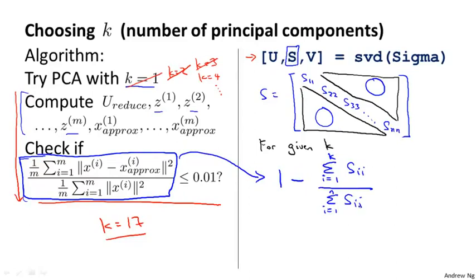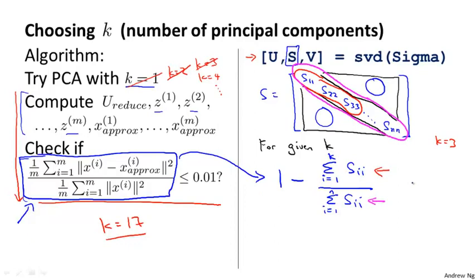Just to say that in words, if k equals 3, let's say, to compute the numerator we sum from i equals 1 through 3 of Sii, so we just compute the sum of these first 3 elements. And for the denominator, that's the sum of all of these diagonal entries. And 1 minus the ratio gives me this quantity over here that I've circled in blue.